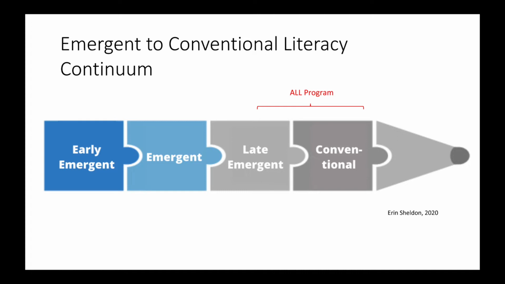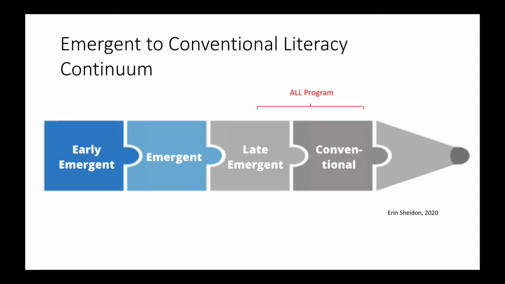In the early emergent stage, they are just starting to learn that letters exist, that squiggles on the page actually mean something, and that we can write whatever we say.